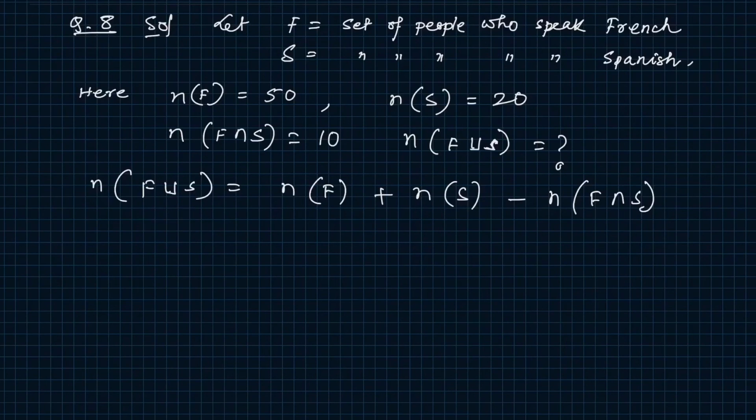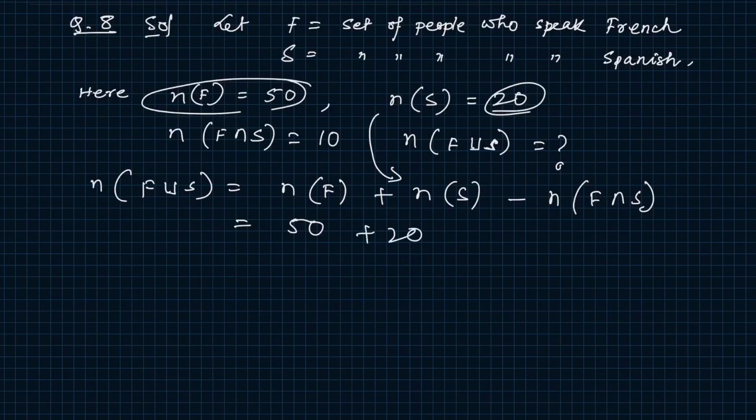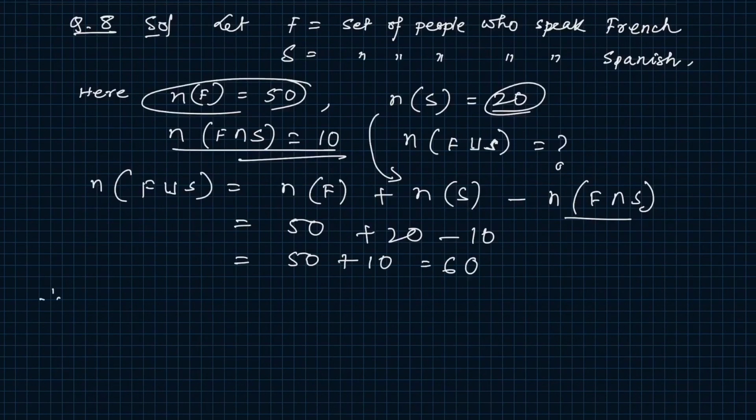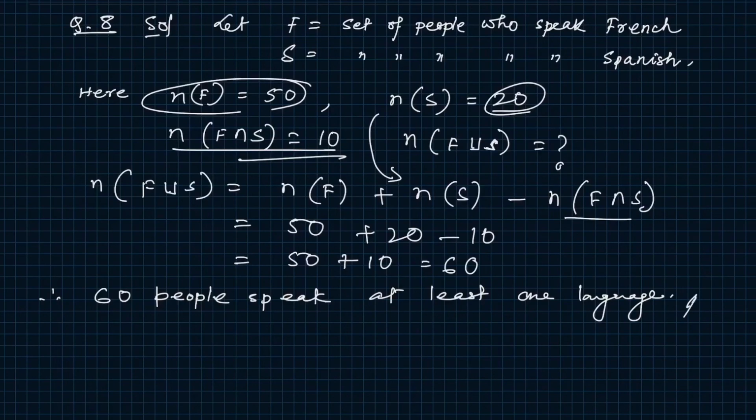Now let's put the values: 50, 20, and 10. 50 plus 20 minus 10 is 60. Therefore 60 people speak at least one language. Okay, that's how we can solve this.